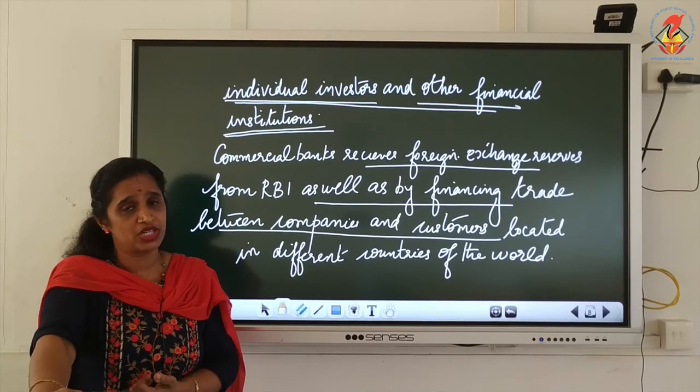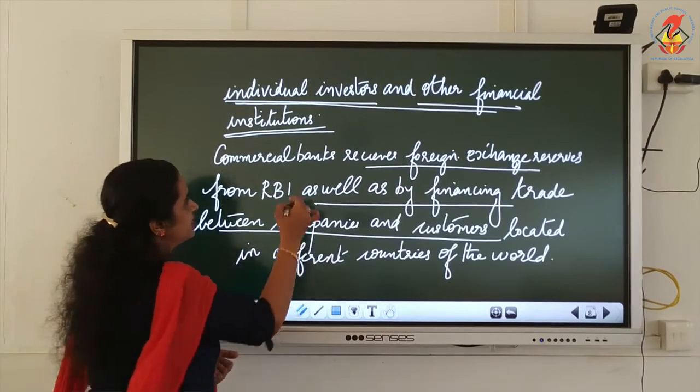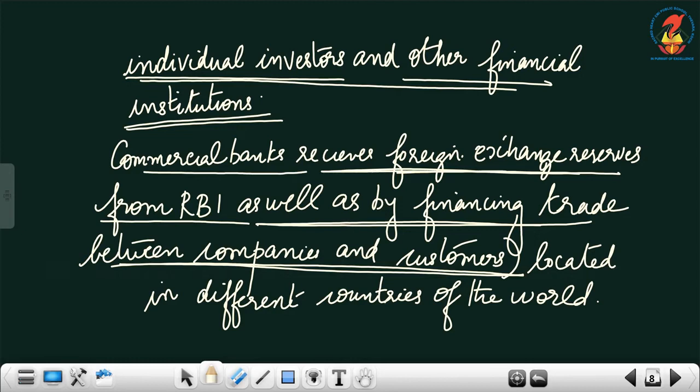Now, how do commercial banks get the foreign exchange reserves? They get them from RBI, as well as by financing the trade between the companies and customers. Let us see the first part. Commercial banks receive the foreign exchange reserves from RBI. How?